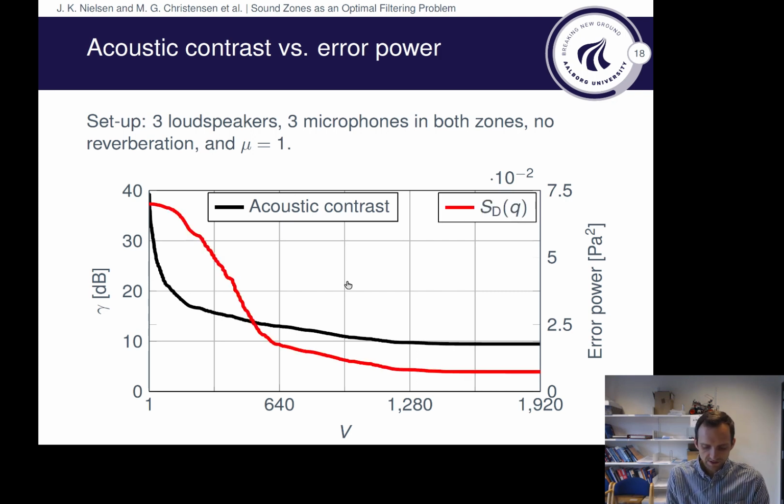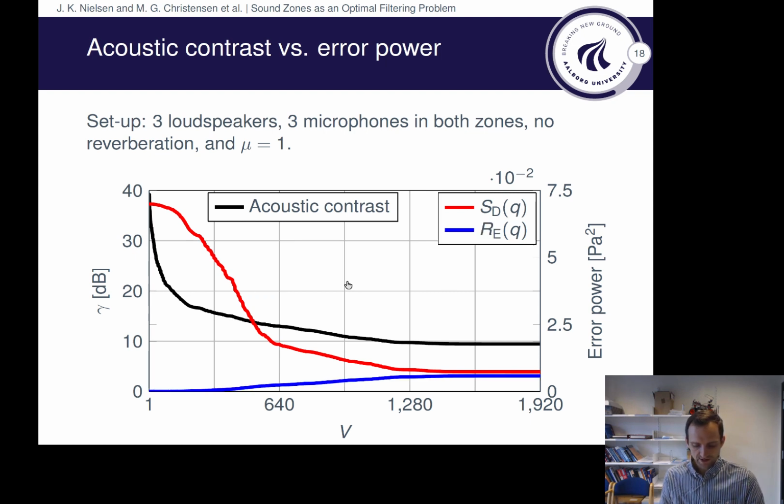But you can also see that the speech distortion in the bright zone also goes down as we increase the number of eigenvectors. And here we have the residual error that goes up as we increase the number of eigenvectors. So right now ACC will be out here and PM will be out here.